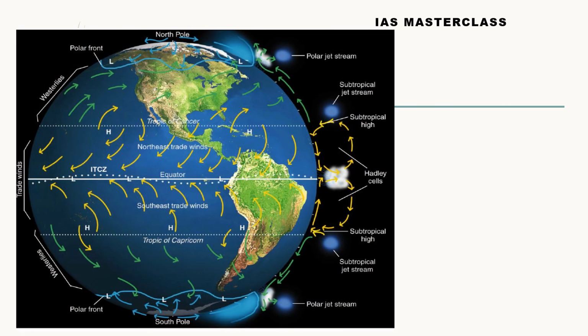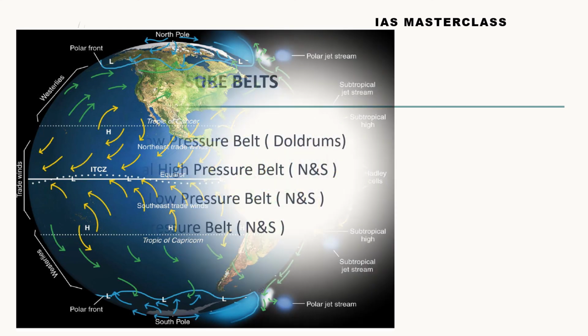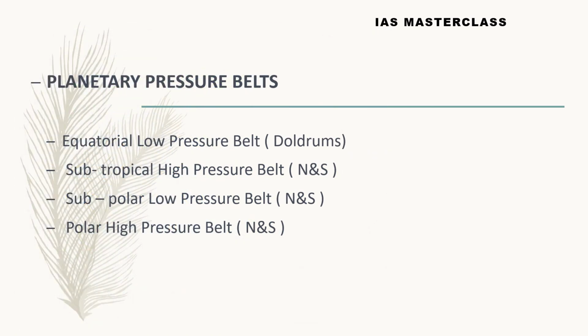as we see in this diagram: you have the subtropical high pressure belt, then there is a subpolar low pressure belt, then the polar high pressure belt. So in all this, we can say there are 7 pressure belts.